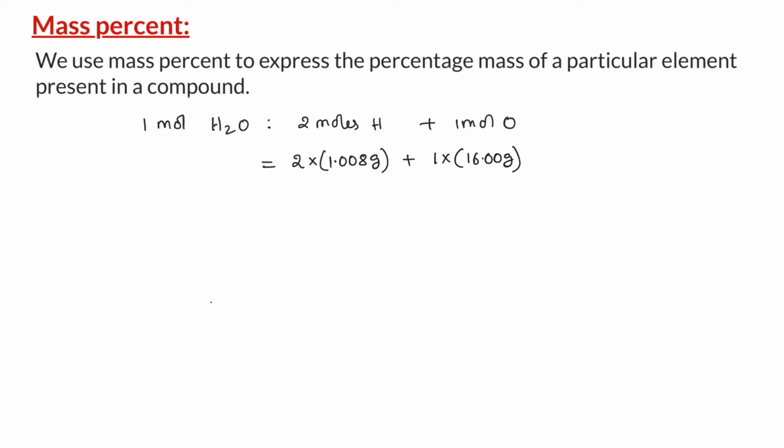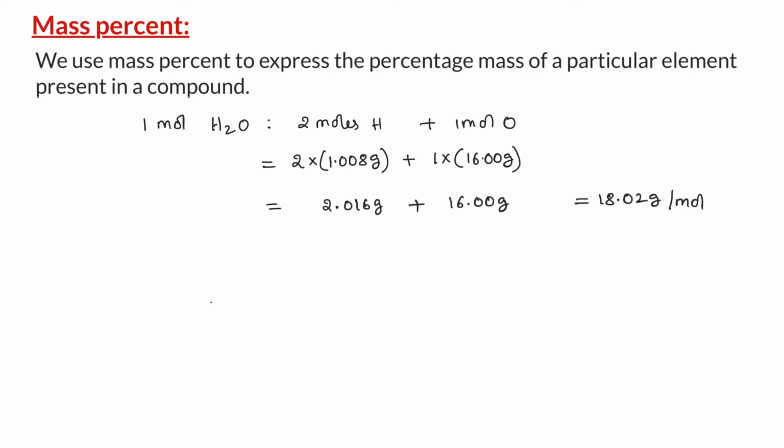If we do the math, the mass of hydrogens is equal to 2.016 grams and 16.00 grams is from oxygen, and the molar mass of water is 18.02 grams. We can say that if we take 18.02 grams of water, 16.00 grams of mass is contributed by oxygen and 2.016 grams of mass is contributed by hydrogen.